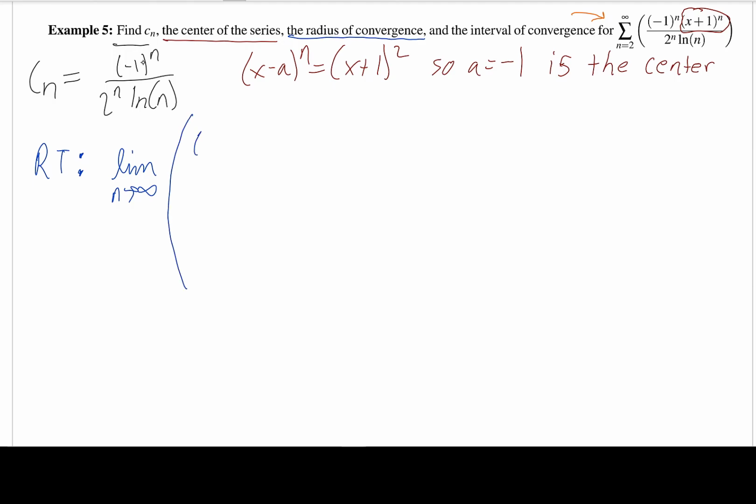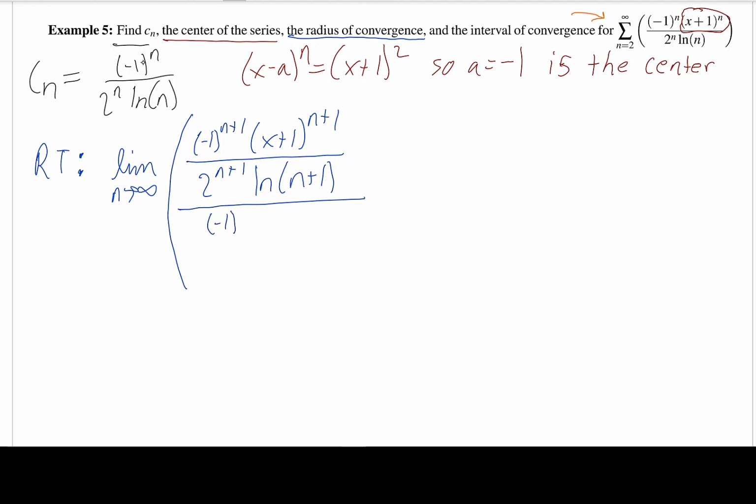We'll have -1 to the n plus 1 times x plus 1 to the n plus 1 over 2 to the n plus 1 times the natural log of n plus 1, divided by -1 to the n times x plus 1 to the n over 2 to the n times the natural log of n.